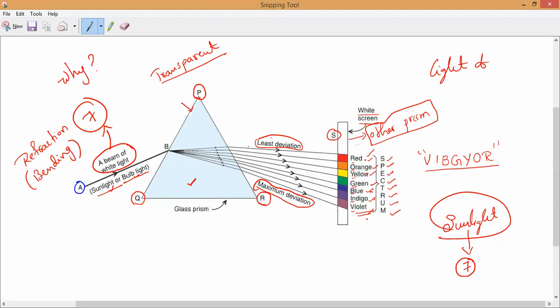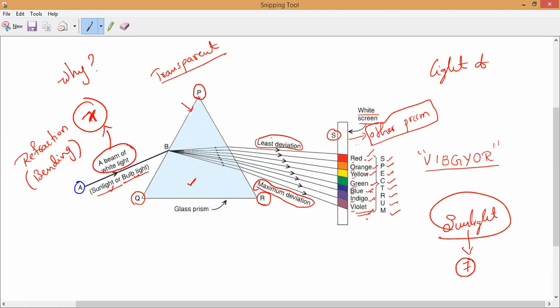So some colors of light will bend less, and some colors of light will bend more. That is because white light travels at different speeds in different places in the glass prism. I am saying white light, and white light means what? Seven different colors, correct or not?